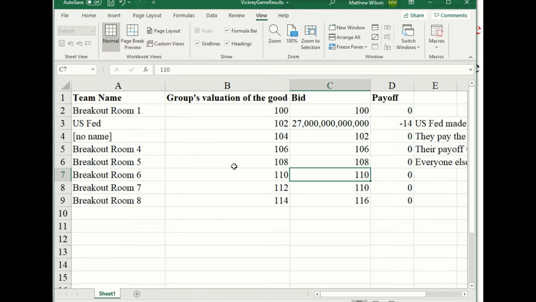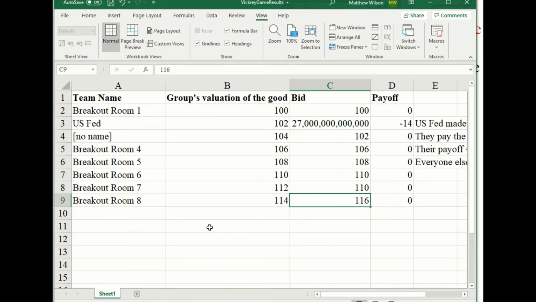So other groups tried a small deviation, like breakout room 7 bid a little bit below their value, and breakout room 8 bid a little bit above their value. To try and mimic the real world, each group had different values. People have different opinions over what something is worth at an auction.